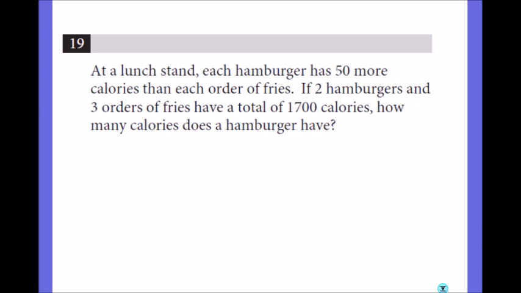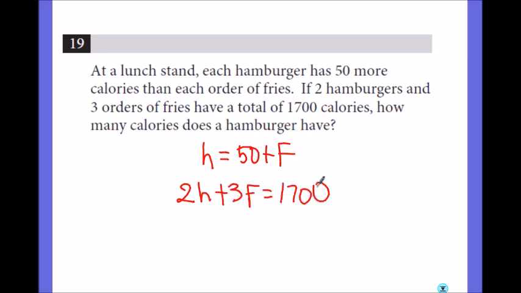At a lunch stand, each hamburger has 50 more calories than each order of fries. So if I say H is a hamburger, it is 50 more than the fries, F for fries. If 2 hamburgers and 3 orders of French fries have a total of 1,700 calories, how many calories does the hamburger have?